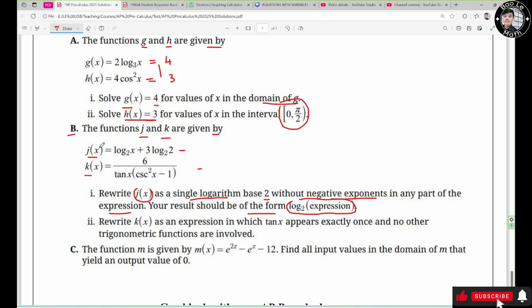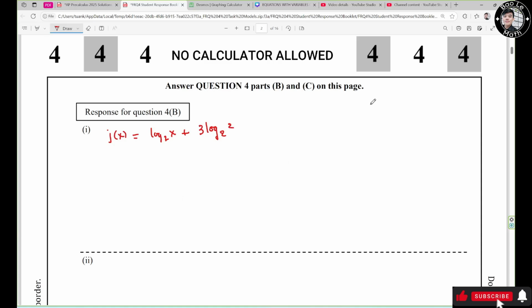Alright, so I have j of s equal to log base 2 of s plus 3 log base 2 of 2, right? Now, we have the formula for log base a of b raised to the power of k: you can bring k to the front, so it's k log base a of b.